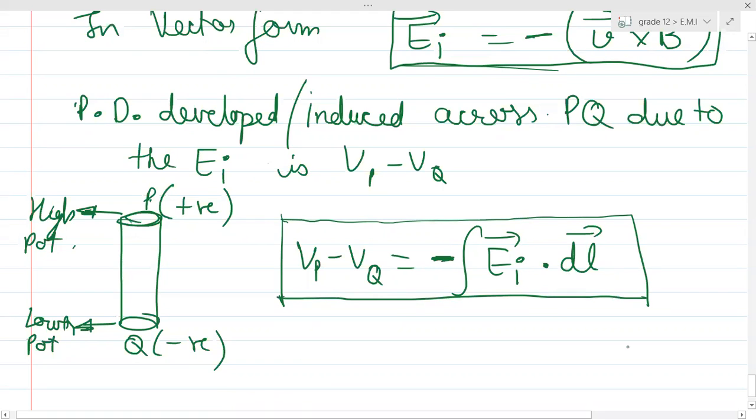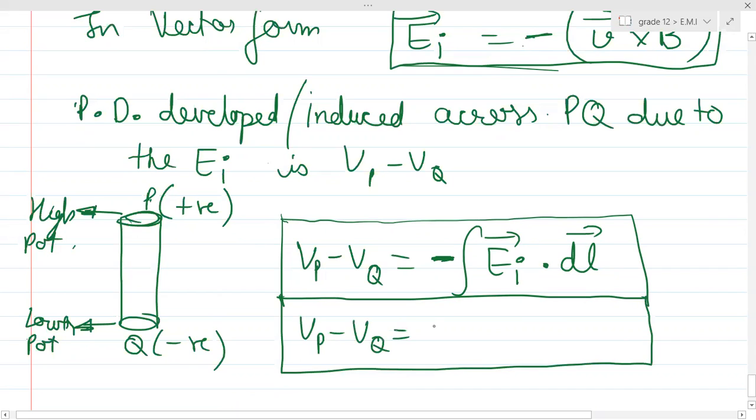And just now we discussed this, Ei is basically equal to minus of v cross B. Minus and minus will get cancelled. You can write one more formula for the same. It will be Vp minus Vq equal to, no minus, nothing, because this minus and this minus will get cancelled. So v cross B dot dl.